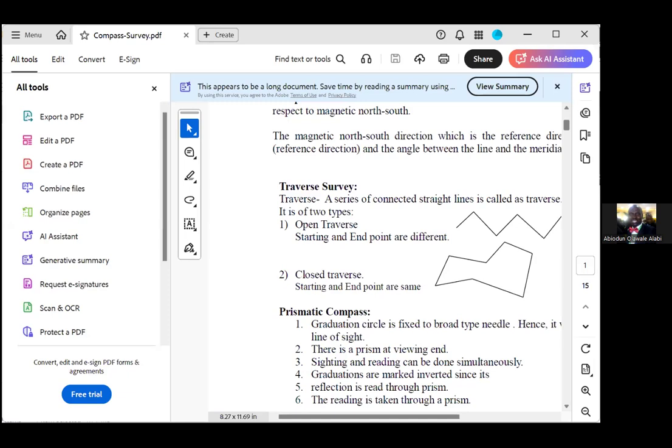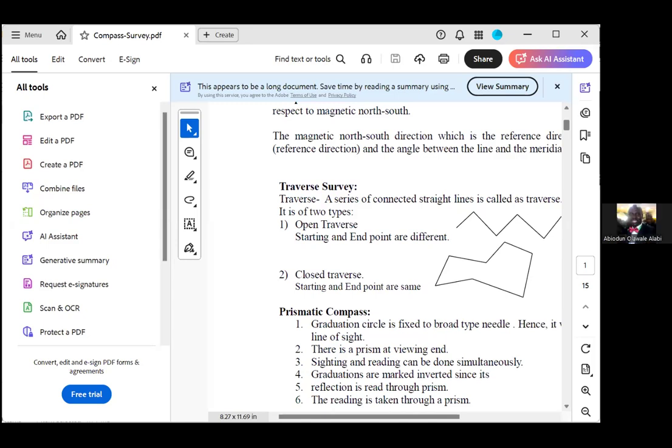Or can I just deploy chain surveying as I wish? The area must not be undulating. It must be plain, without many trees or obstructions. Okay. Good.